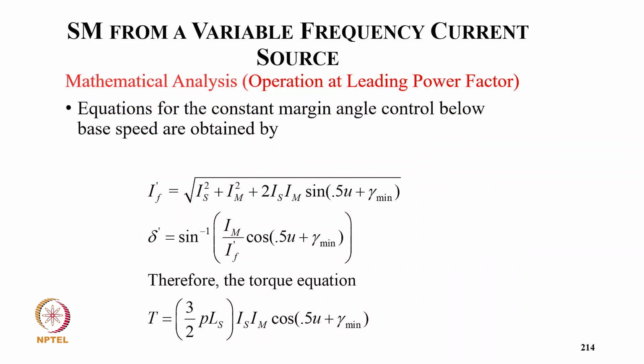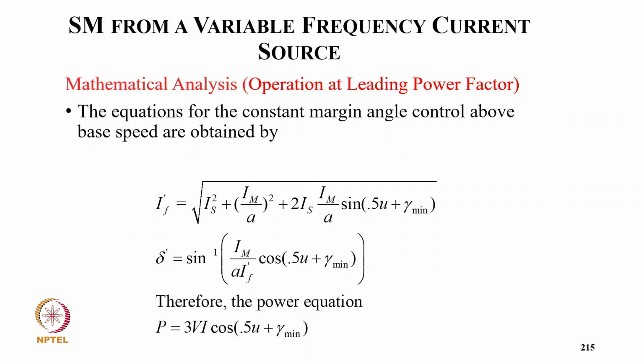The equations for constant margin angle control below base speed are: If' equals square root of Is squared plus Im squared plus 2 Is Im sin(0.5 mu plus gamma minimum), and delta' equals sin inverse of Im over If' cos(0.5 mu plus gamma minimum), and therefore torque is T equals 3/2 Pls Is Im cos(0.5 mu plus gamma minimum).